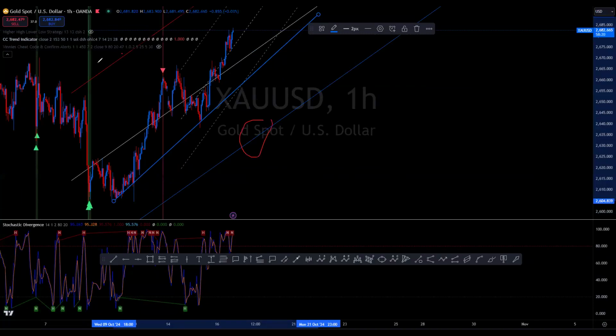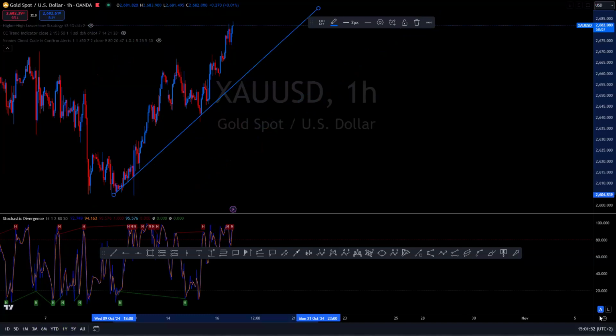Both our trend lines here are pointing upward. So let's just note that, yes, price is overall bullish. That's good.